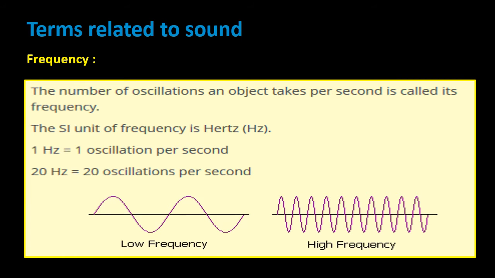Now, talking about frequency. The number of oscillations an object makes per second is called its frequency. The SI unit of frequency is Hertz. 1 Hertz is equal to 1 oscillation per second. So, 20 Hz is equal to 20 oscillations per second.